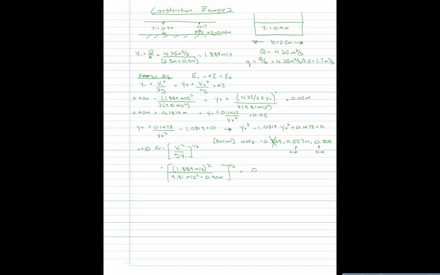The Froude number at 1 initially was 0.636, and so that is subcritical, meaning that the new flow depth will be the subcritical root of the two that were positive. So y2 is 0.804 meters.